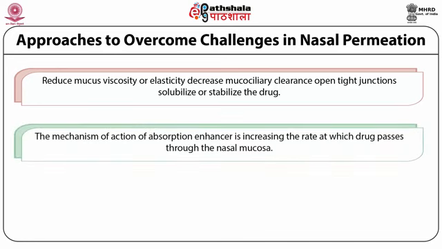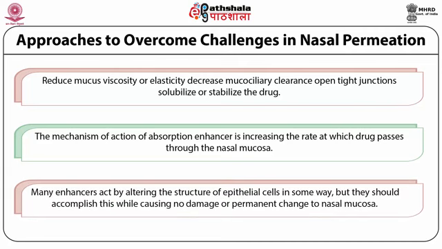The mechanism of action of an absorption enhancer is increasing the rate at which the drug passes through the nasal mucosa. Many enhancers act by altering the structure of epithelial cells in some way, but they should accomplish this while causing no permanent damage to the nasal mucosa.